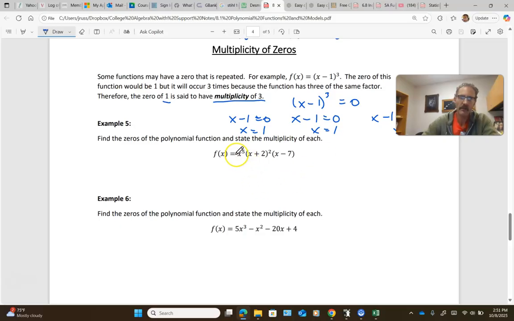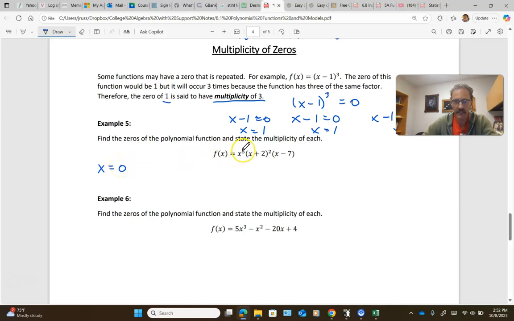Now, you've got to be careful here, because x to the 5th is a factor, but more specifically, the factor is just x. It just occurs 5 times. So if I take that one factor and set it equal to 0, it's already solved. One of my zeros is the number 0 itself.